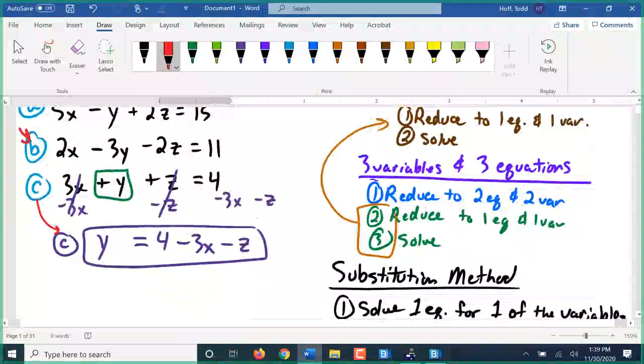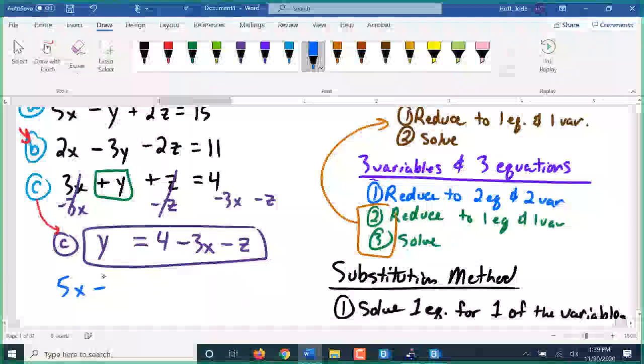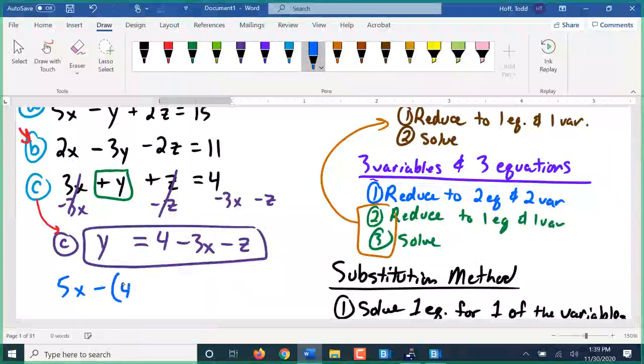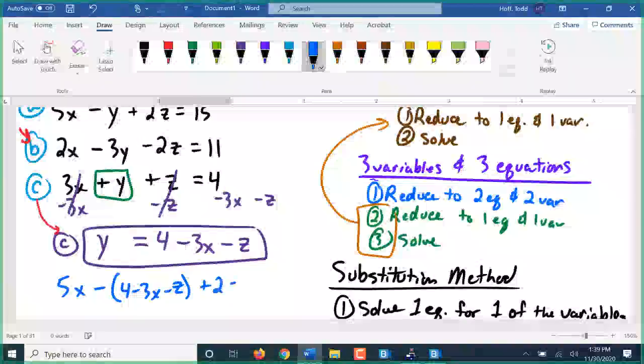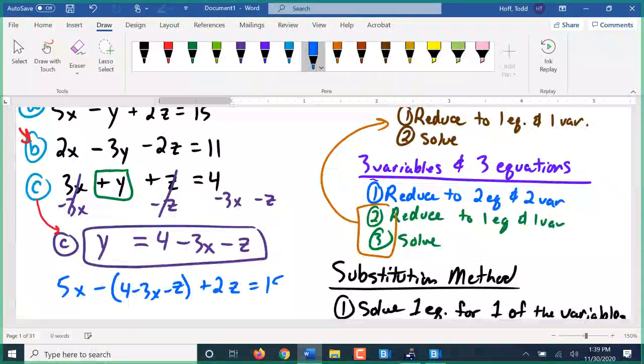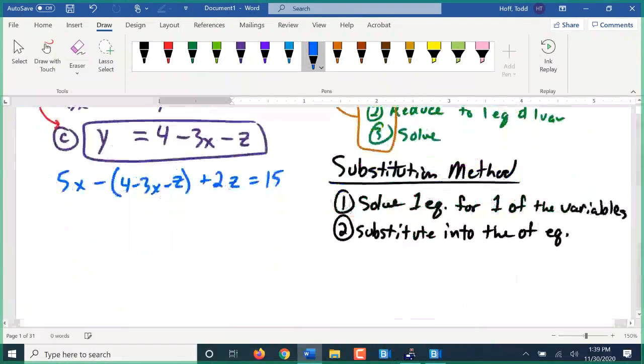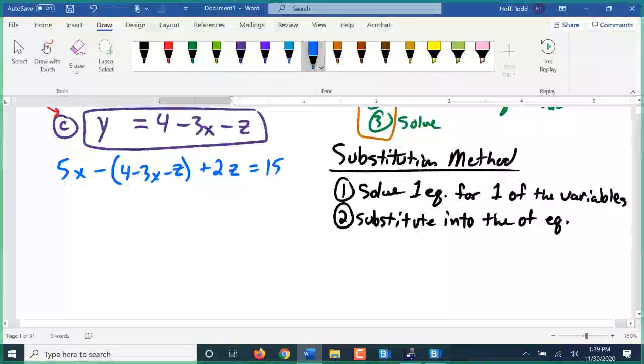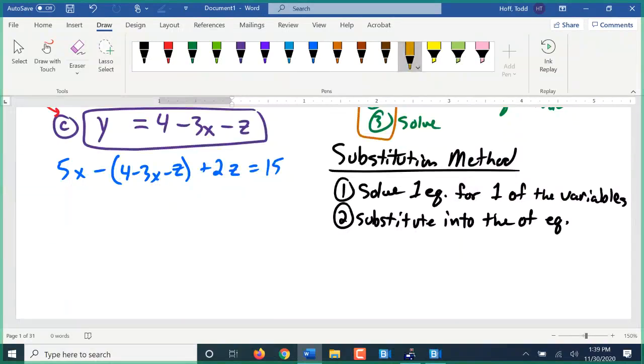So I have to substitute it back into both equations A and B. So equation A, let's do that one. 5x minus, instead of y, I'm going to put in (4 minus 3x minus z), plus 2z equals 15. Now I have to solve this a little bit, combine what I can combine. I have to be very careful of this minus here in front of the parentheses. Remember, whenever we have subtraction in front of a parentheses, we treat that as -1 times the parentheses.